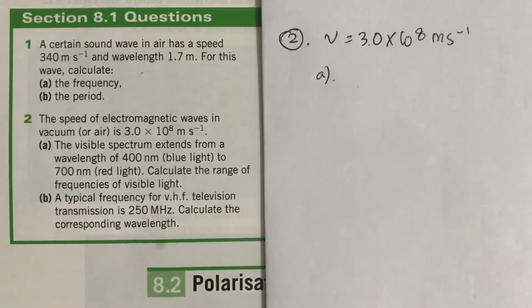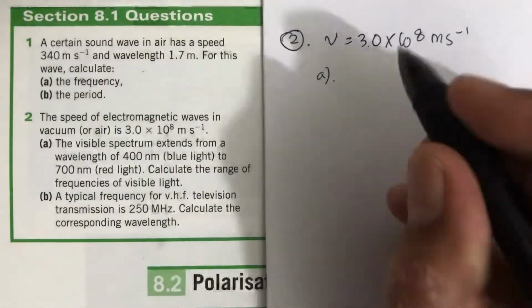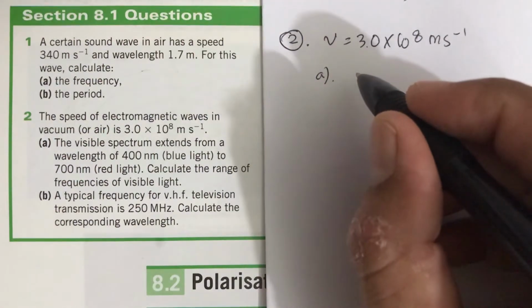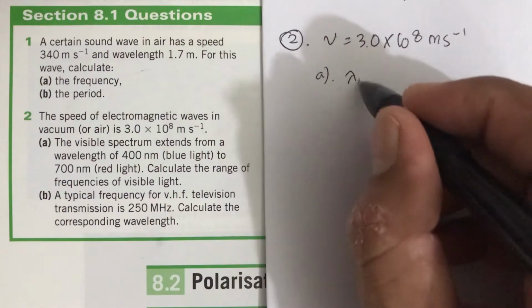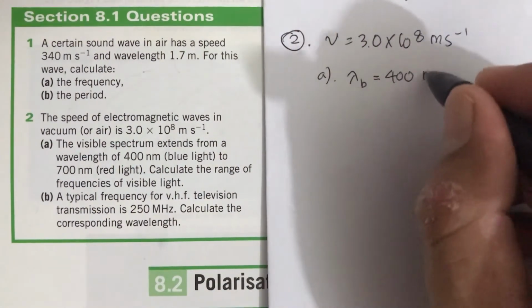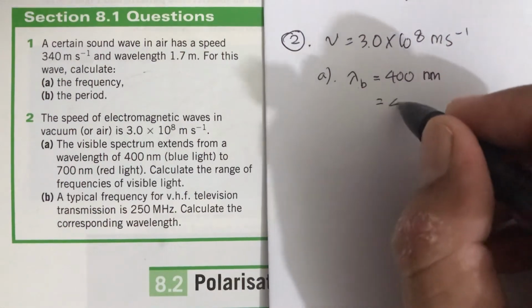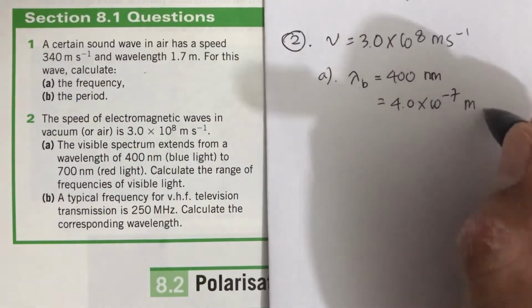It's actually so easy. But we write down first: this is the wavelength of the blue light, 400 nanometers. 400 nanometers is actually 4.0 times 10^-7 meters.